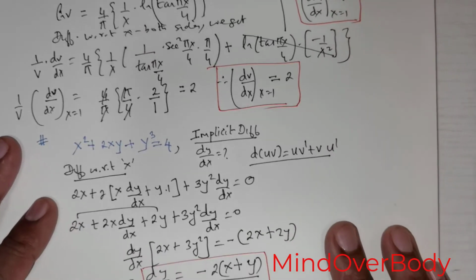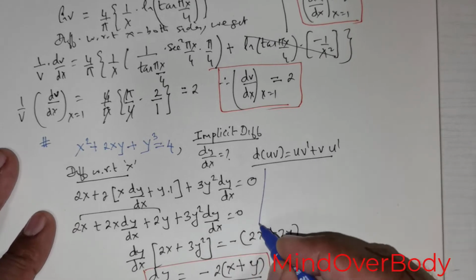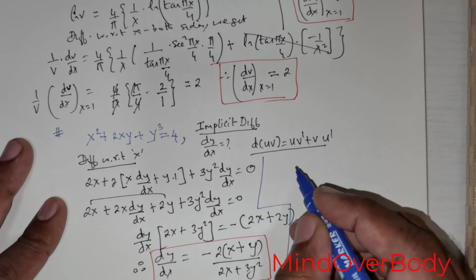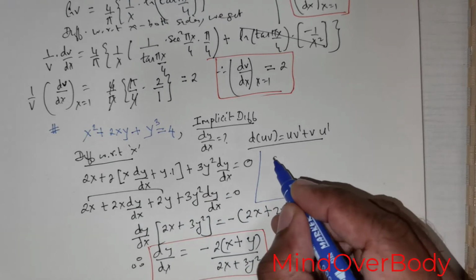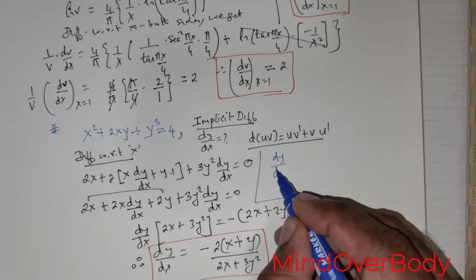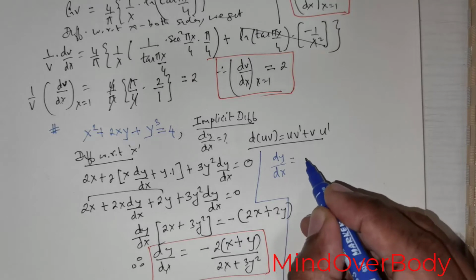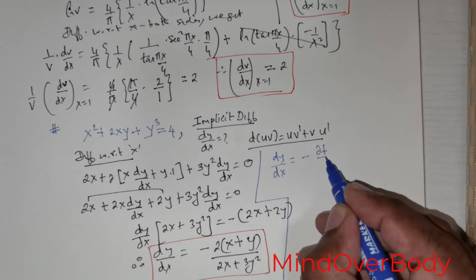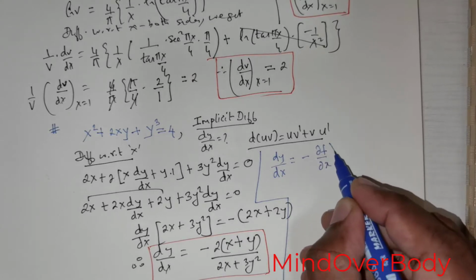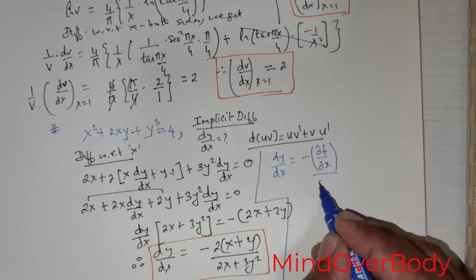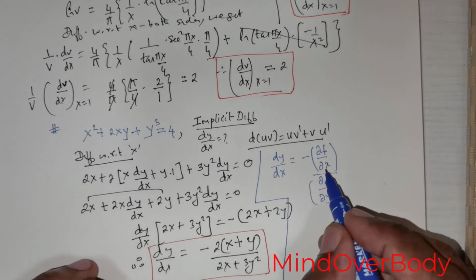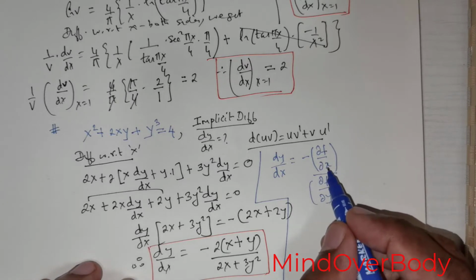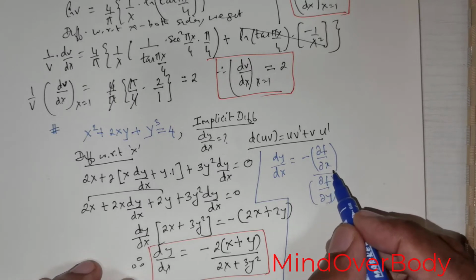Now alternatively, instead of doing all of this, we can simplify the output. In other words, we can obtain dy over dx using this shortcut. So dy over dx is equal to negative dou f over dou x divided by dou f over dou y. So this means differentiating the function with reference to x partially.